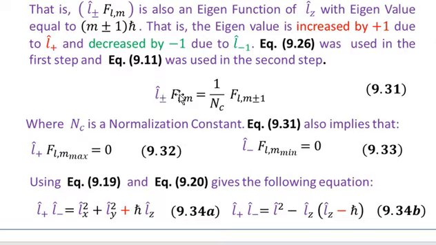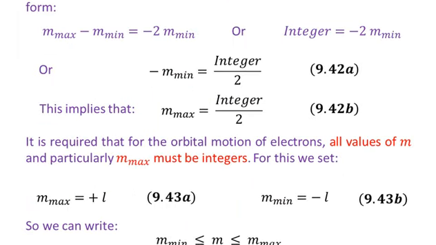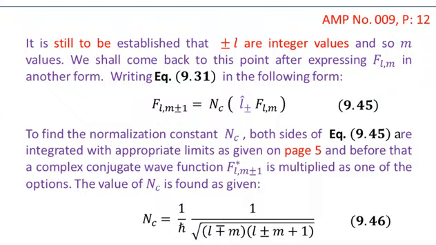I can transform this equation into a more appropriate form as shown in equation number 45. So FL with m plus minus 1 is equal to NC times L plus minus times FLM, where NC is the normalization constant, which is required when you are connecting two different wave functions representing two different states.